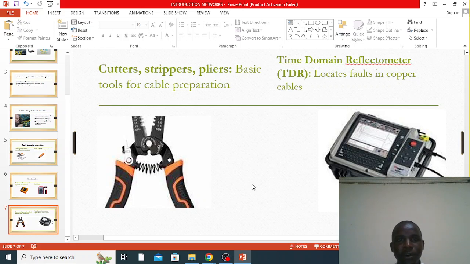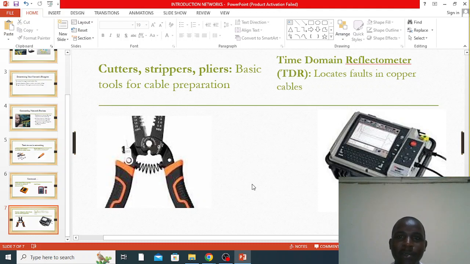So we have cutters, strippers, and pliers. These are some of the tools that we use for cable preparation. And then we have another device that we call TDR, or time domain reflectometer, which locates faults in copper cables. So this is a basic introduction that is very necessary for us, so that even as we dive into understanding networks and performing some networking, we have the basics from this lesson.